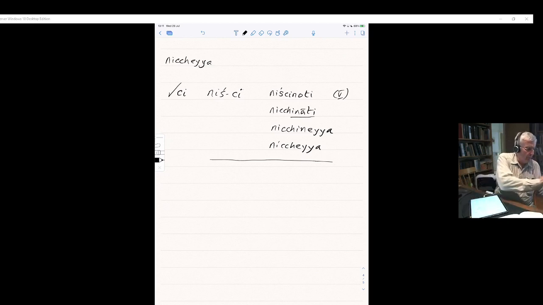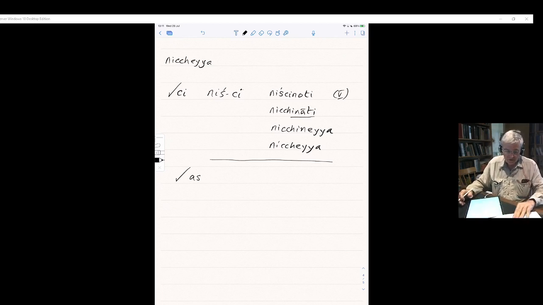Something rather more important for you to learn is in paragraph G, near the top of 87. It's the optative of the verb as, meaning to be, as in so many languages, Sanskrit and Pali included. It is somewhat irregular.